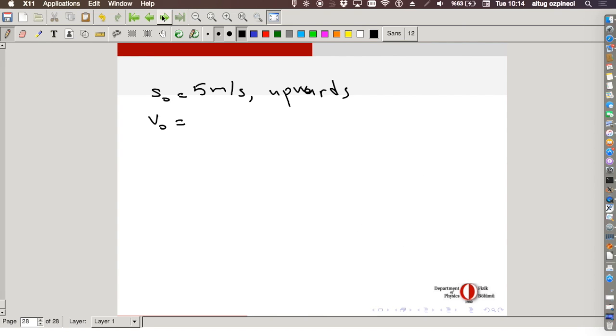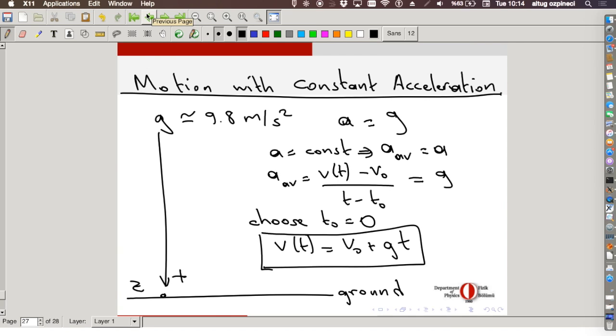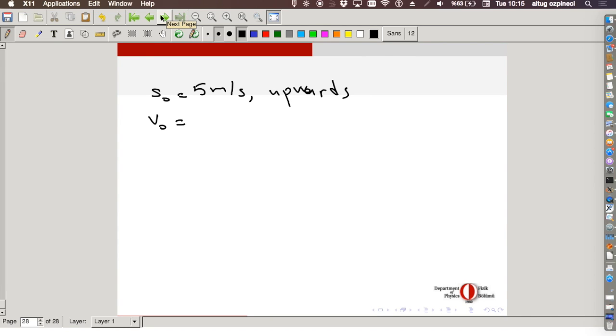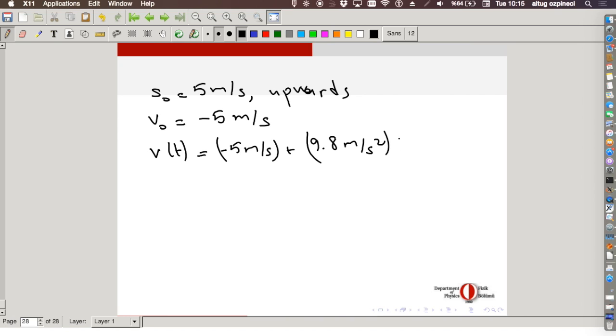According to my definition of the positive sense of the axis, upwards is the minus direction. So since this speed is pointing upwards, the velocity is minus 5 meters per second. And hence the velocity at the time t would be given by minus 5 meters per second plus 9.8 meters per second squared times t. This is the velocity as a function of time.